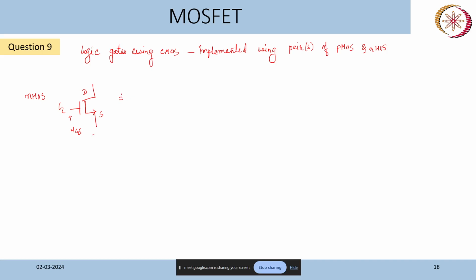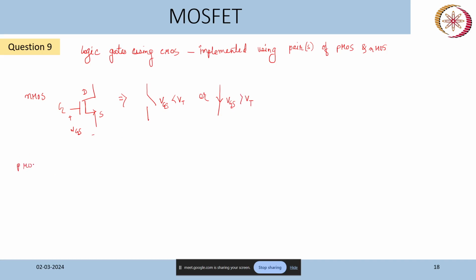So it will behave like an open circuit if VGS is less than VT, or it will behave like a short circuit when VGS is greater than VT.